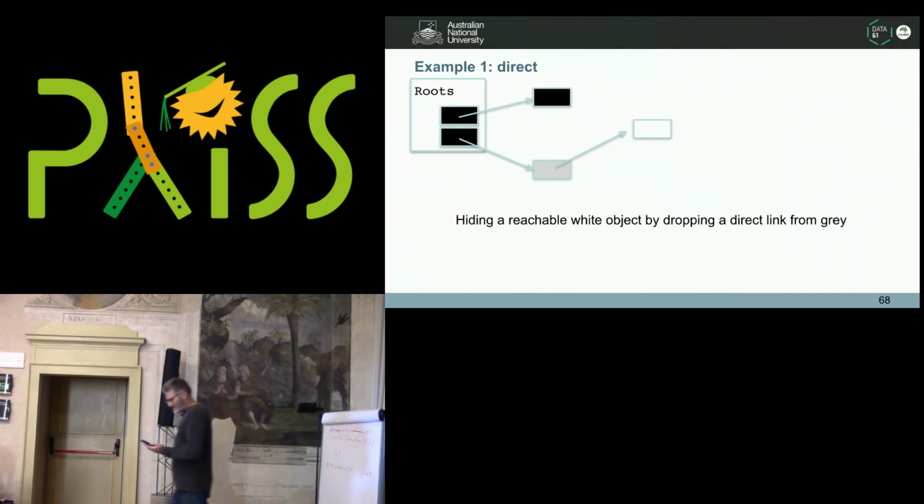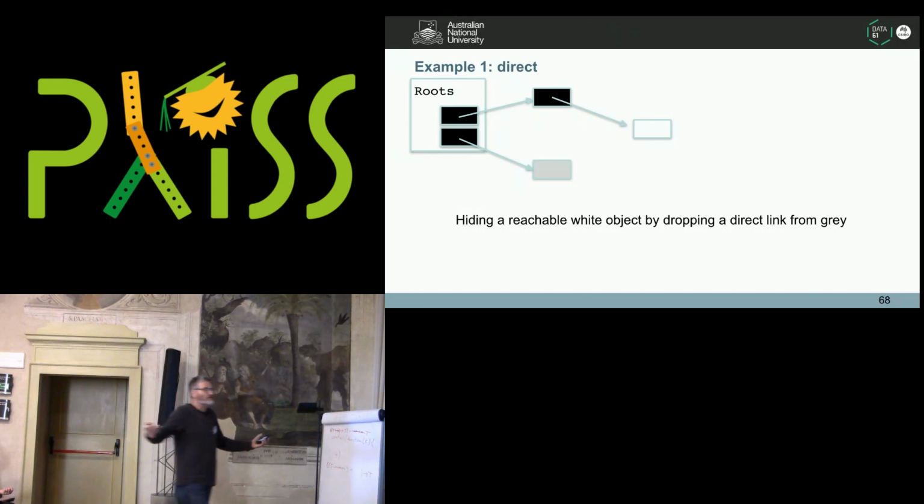All right, here's one of the problems that we might see. As I mentioned, we could have storage of a reference to a white object into a black object. So here we have a mutator with some roots, and let's assume that we've already marked from those roots. So we have one that's already been scanned and is black. We have another which is gray and is going to be scanned at some point. And you can imagine that the mutator might pick up that reference and store it over into that black object. And then it could overwrite that reference with null.